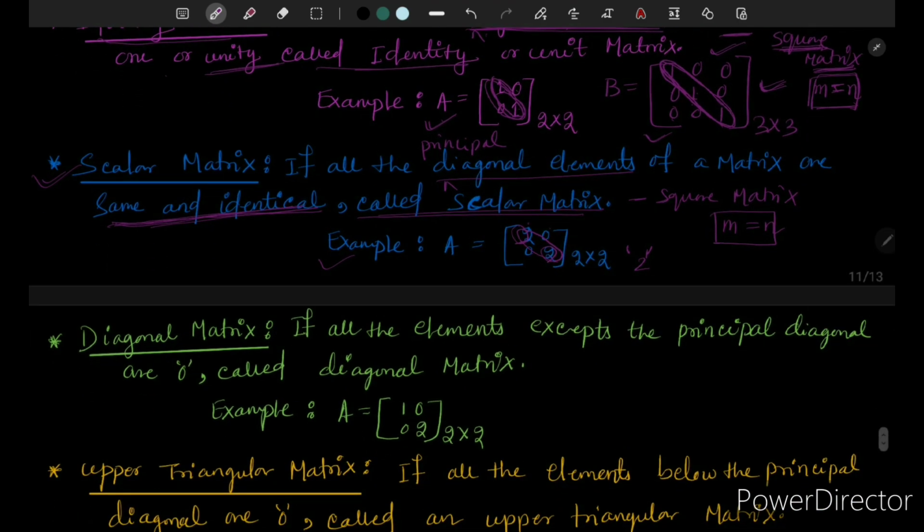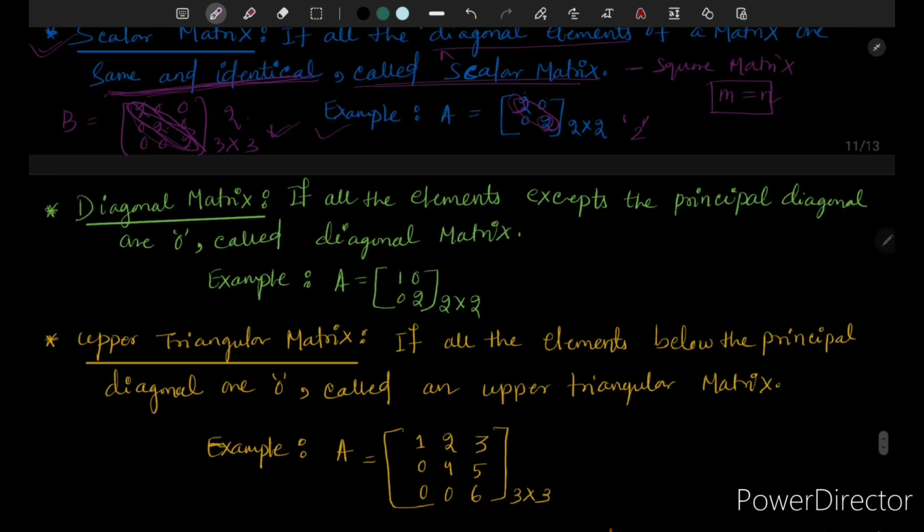If we take a 3 by 3 matrix, like B equals 2 0 0, 0 2 0, 0 0 2, this is a 3 by 3 matrix, and you can see that the principal diagonal elements are all equal, that means 2. This can be 3, 4, 5, 6, any number, but all the elements must be identical in nature. So this type of matrix is called a scalar matrix.